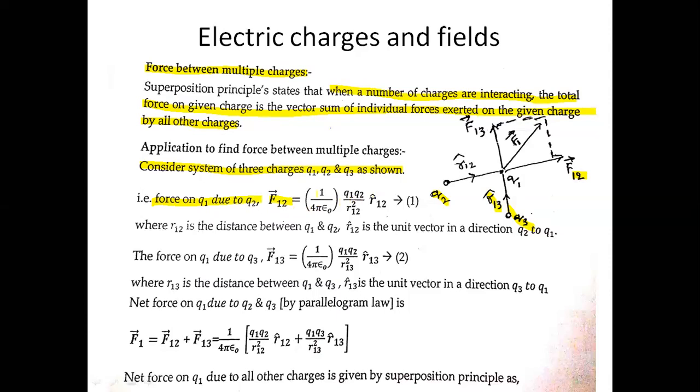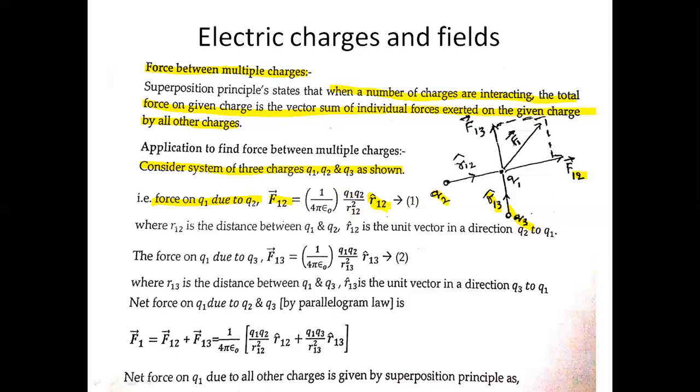Based on that, we are applying here 1 over 4 pi epsilon naught, Q1 Q2. The force is inversely proportional to the distance squared. That is the statement of Coulomb's law. So here R12 squared and R12 cap. We are introducing the unit vector here, written in the vector form.